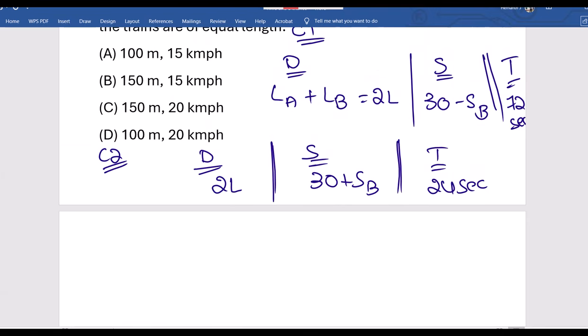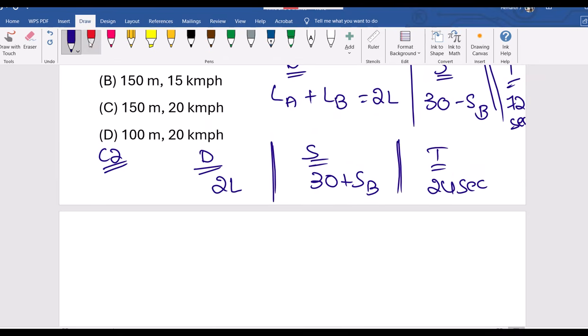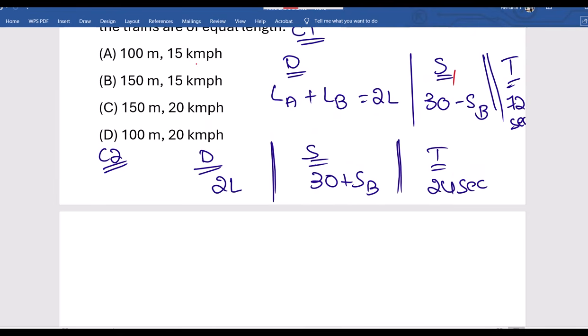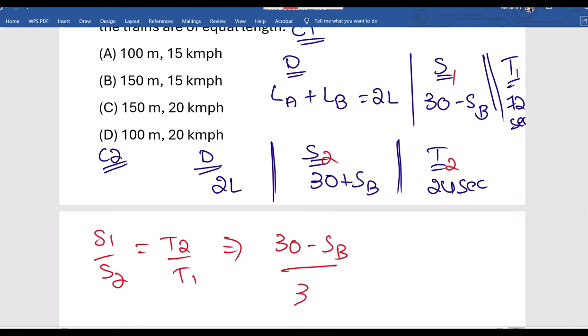So first one minus second, speed and time are inversely proportional. S1 by S2. Here this is S1, S2, T1, T2. S1 by S2 equal to T2 by T1. Agree, T2 by T1? So (30 minus SB) divided by (30 plus SB) is 24 divided by 72.